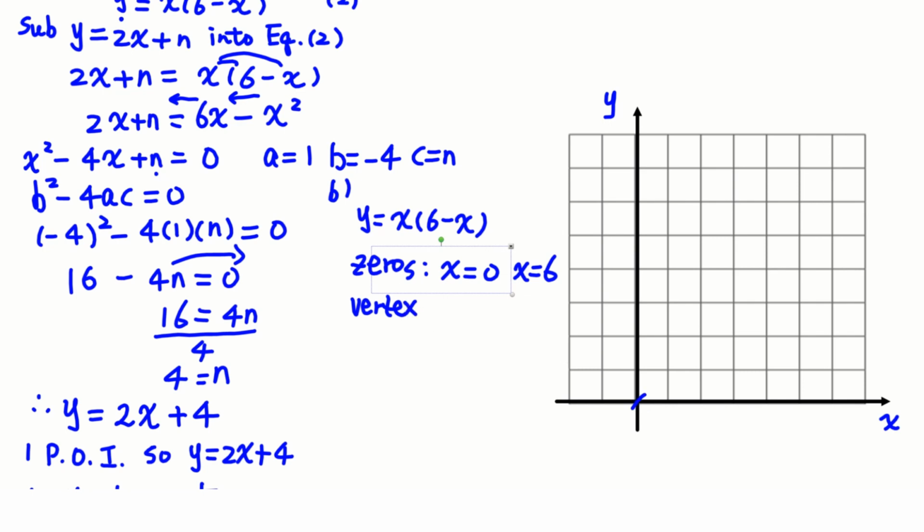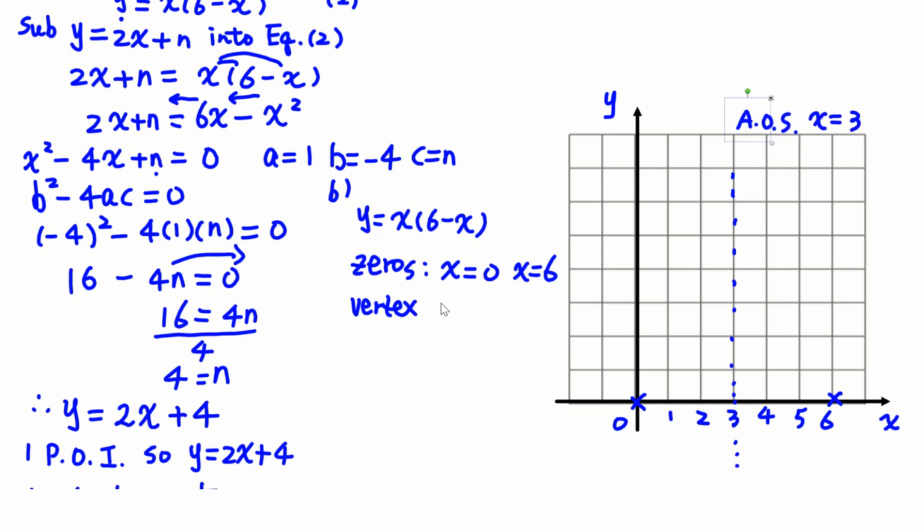So this is 0, this is 1, 2, 3, 4, 5, 6. And the vertex will be at the middle of these two zeros because it's symmetric on the axis of symmetry. So AOS, the axis of symmetry, is x equals 3.